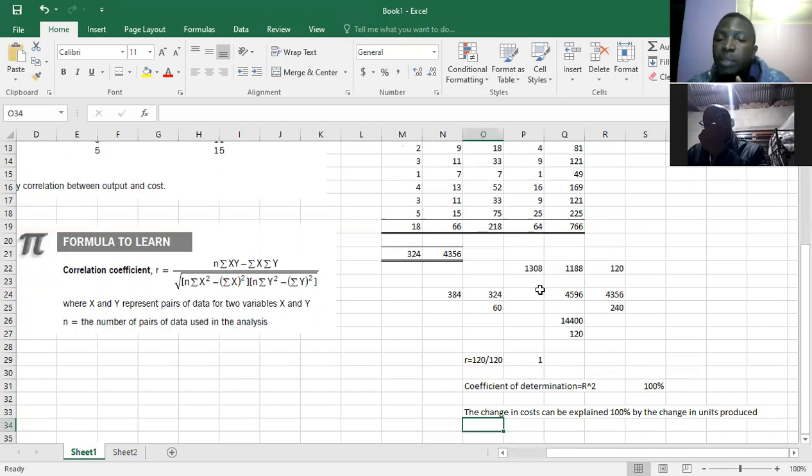Everything, 100% of the reasons, is because of the units that we produce. That's what the coefficient of determination means.